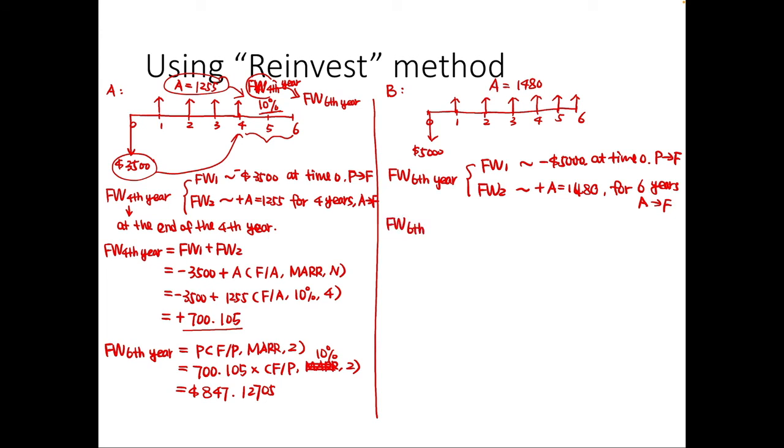So FW at the end of the 6th year is FW1 plus FW2. That's the two parts.